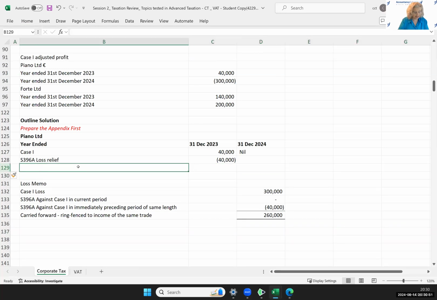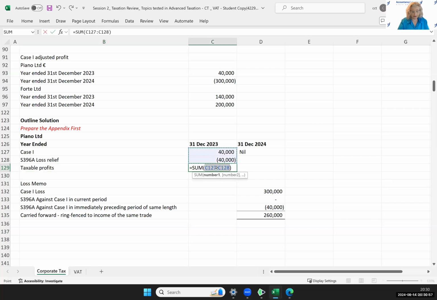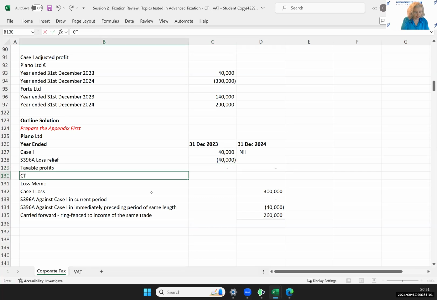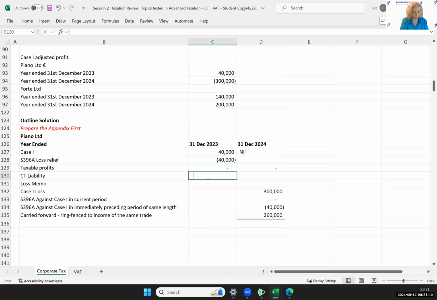When we add up its taxable profits, there is no profits because we got rid of them with the loss relief. Therefore, CT liability, nil. Anybody, any questions on that?